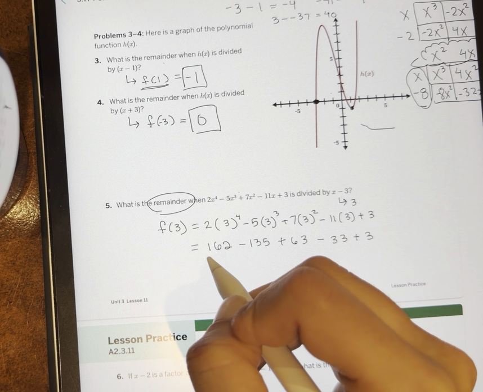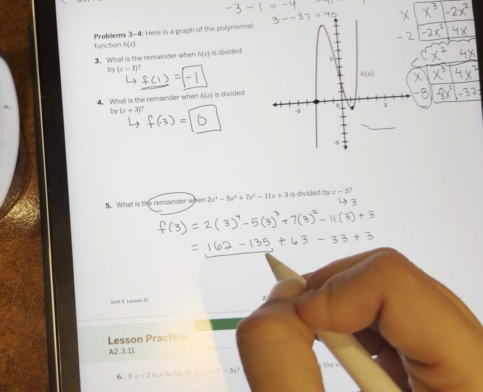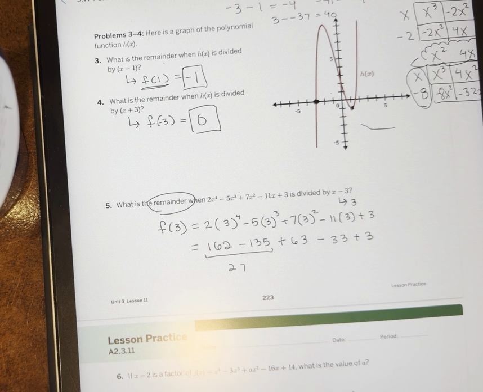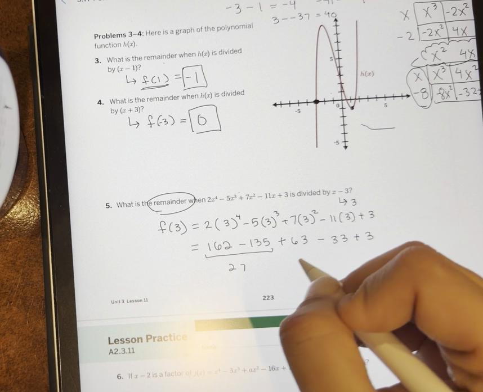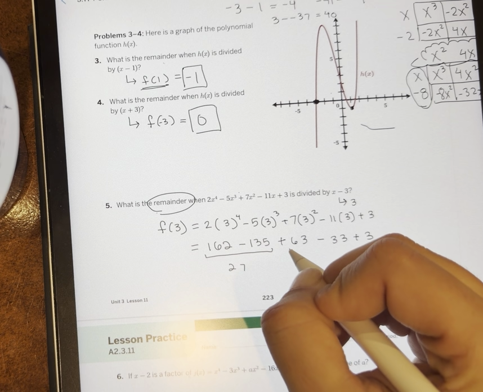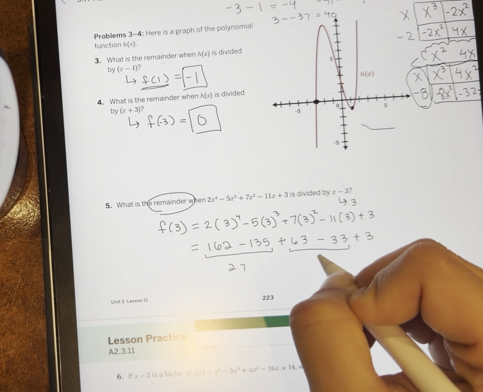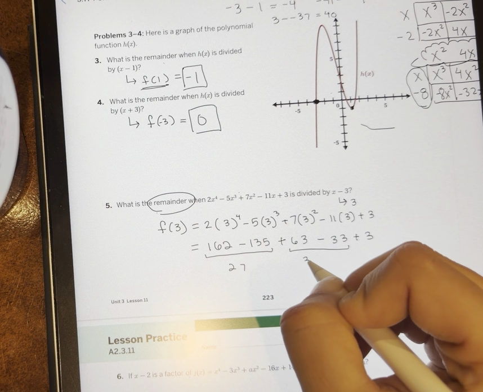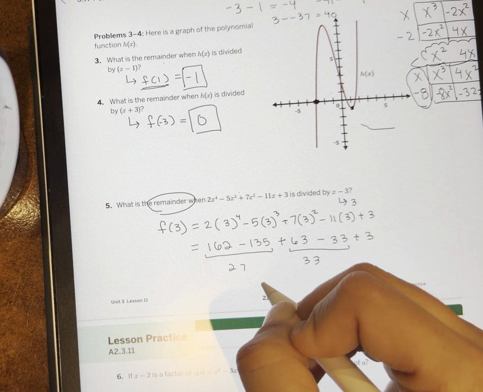Let's see. These two will get me a 27. Yeah, I think they do. And then I add 63, subtract 33 from 63, and this is 30, plus 3 is 33, and add those, and that is 50, 60.